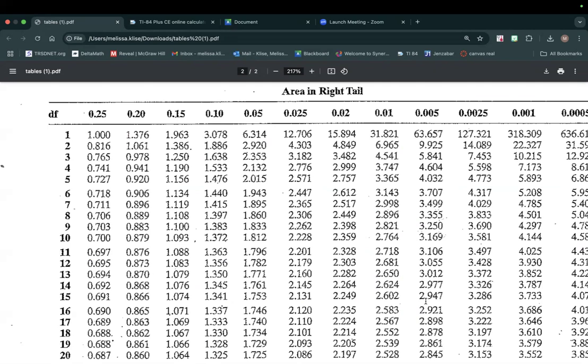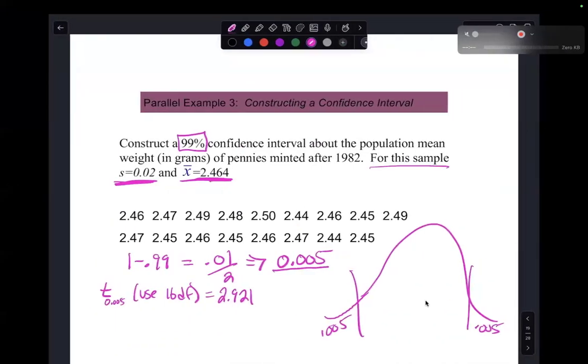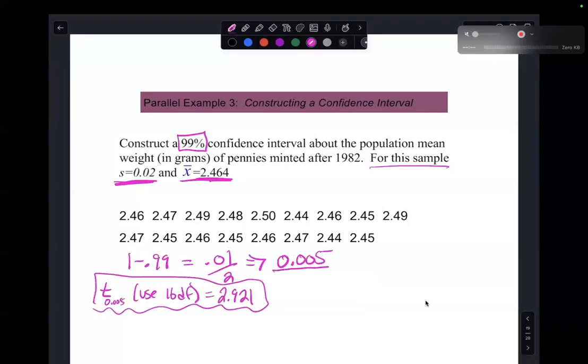Okay, let me go back to my other screen. I have all sorts of stuff that I need to erase. Okay, so now I have my t-value right here, and my mean is 2.464.